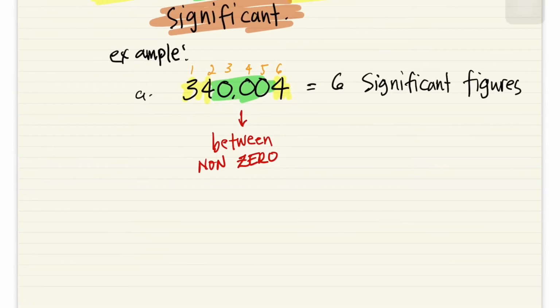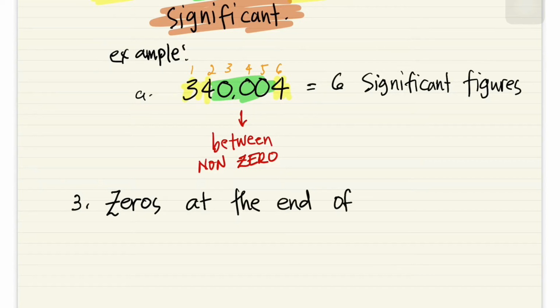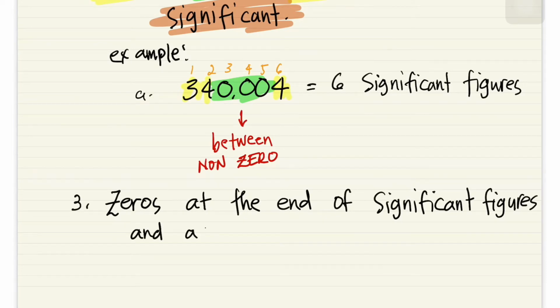Now let's go to the third rule. Zeros at the end of significant figures and after a decimal point are significant.